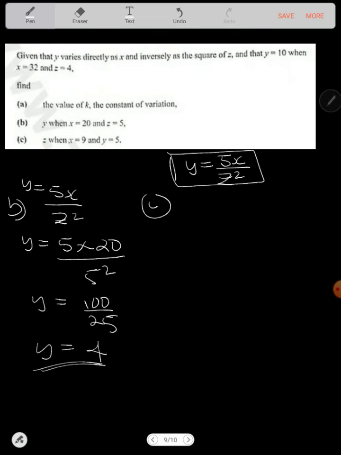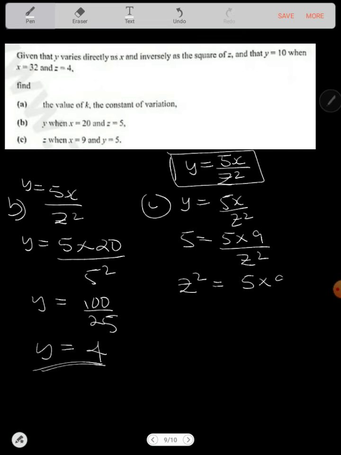Then C, we are finding the value of z when x is equal to 9 and y is equal to 5. Our equation is still this over z squared. y is not 9 but y is 5, x is 9, then we have z squared here. Since these two are inverse of each other, they can swap each other.